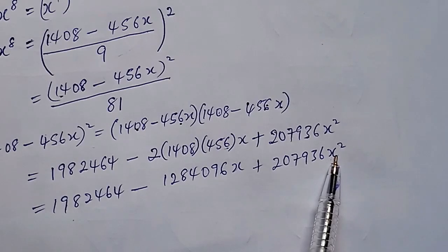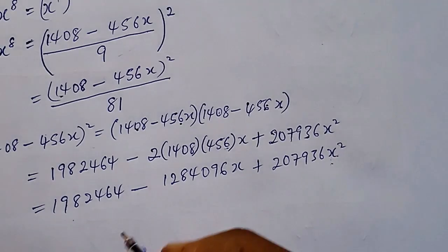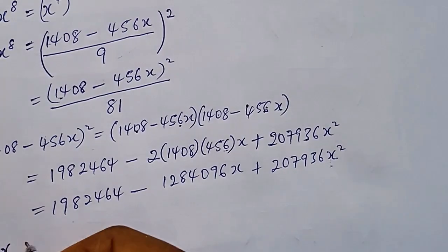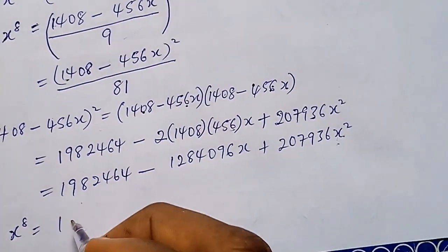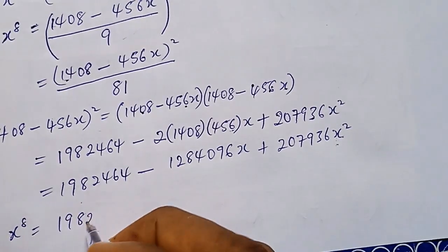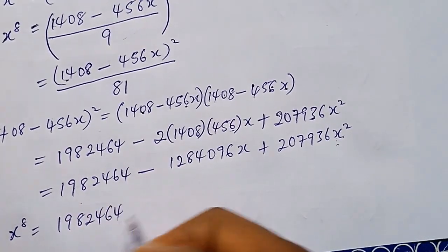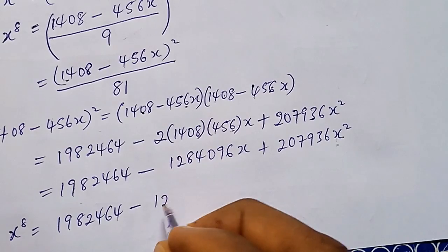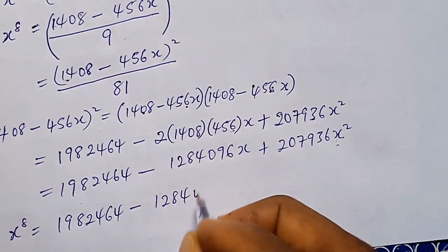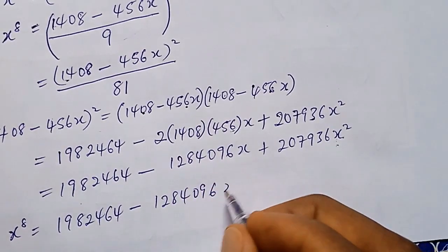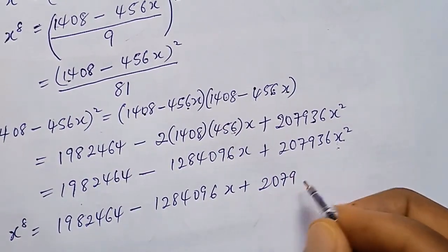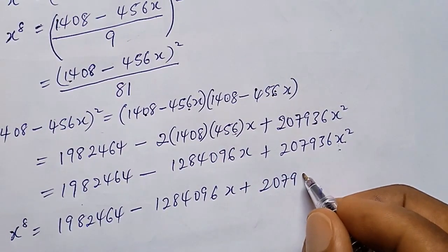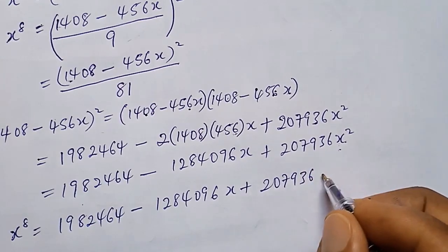Likewise, without forgetting that we are going to apply x2 at this last term over here, if we apply x2 there, we have our x power 8 to be equal to 1982464 minus 1284096x plus 27,207,936.